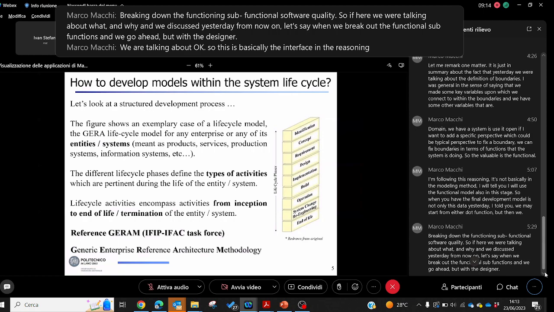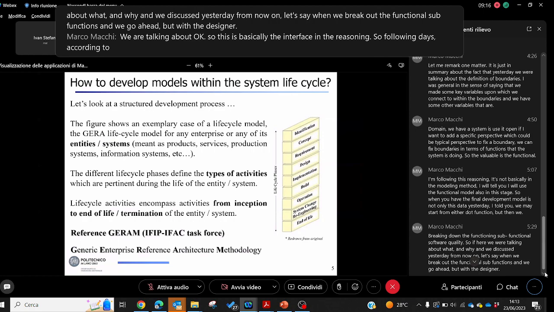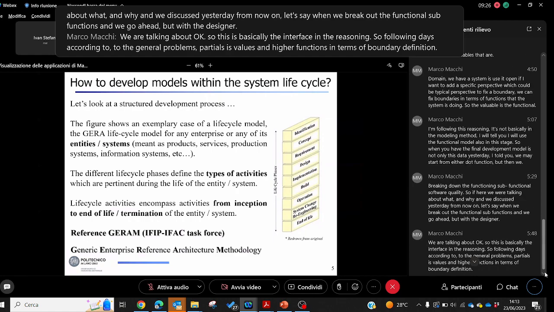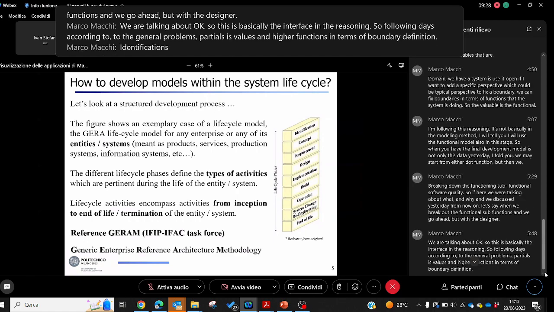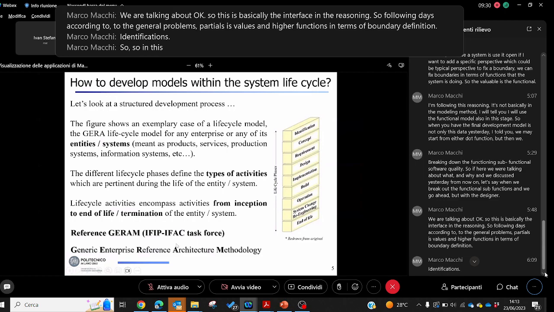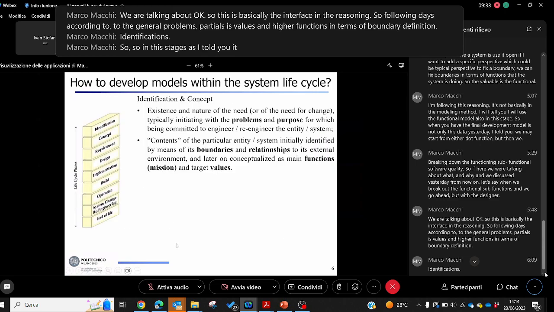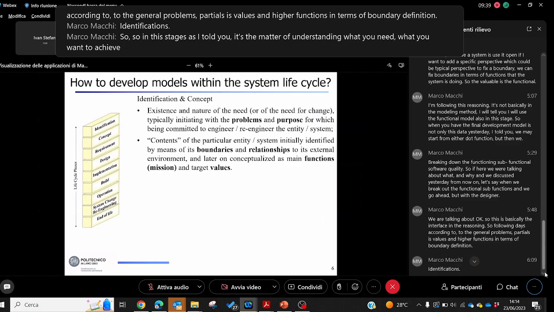So following this, according to the general model, problems, purposes, values, and high-level functions in terms of boundary definition regard identification and concepts. So in these stages, as I told you, it's a matter of understanding what you need, what you want to achieve, what you want to evaluate as a good benefit when you are deciding if it's good or not.